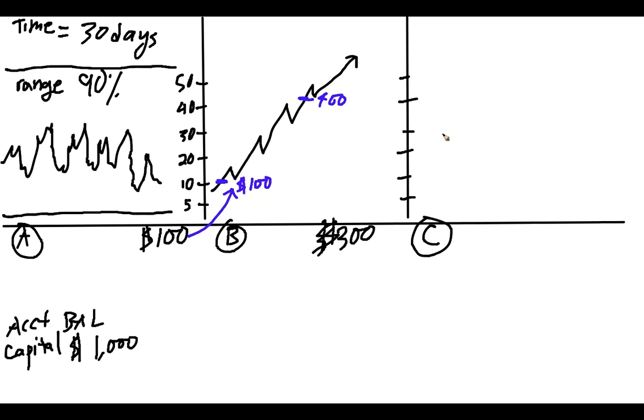Now, moving on to scenario C. Let's say now the market goes down, like so. And remember, we're hovering right around the 40 mark, so right around here, we're at the 400.